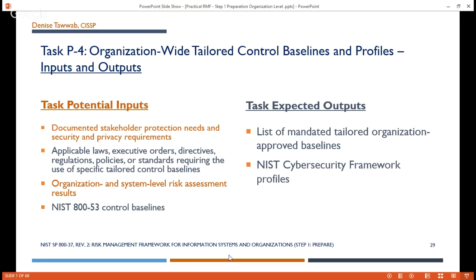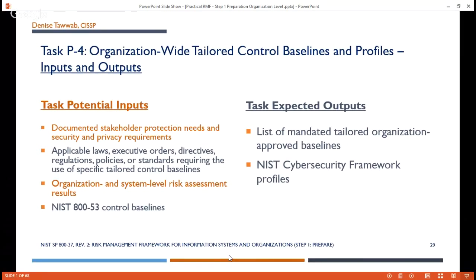And remember, NIST Special Publication 800-53 is the control catalog for security and privacy controls. And they have baselines for low, moderate, and high impact systems. And so you're going to pull your initial baseline from 800-53.